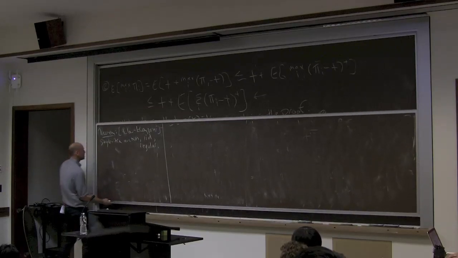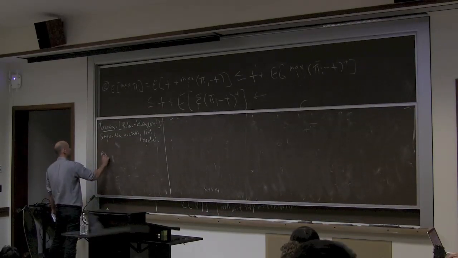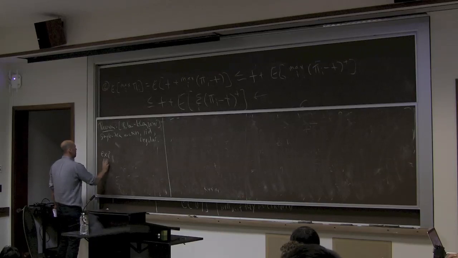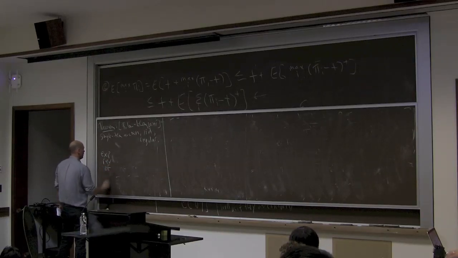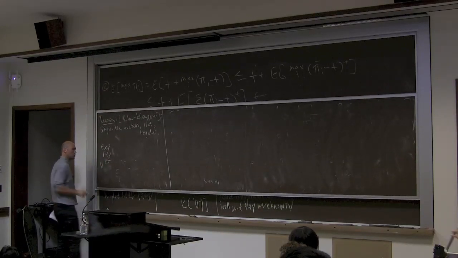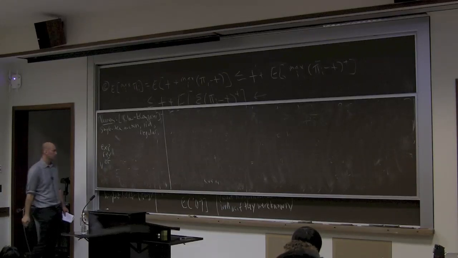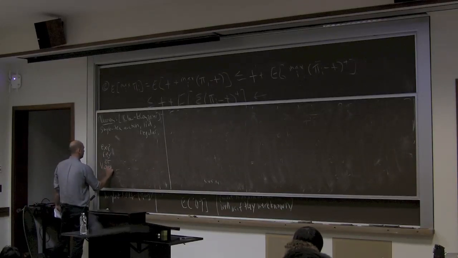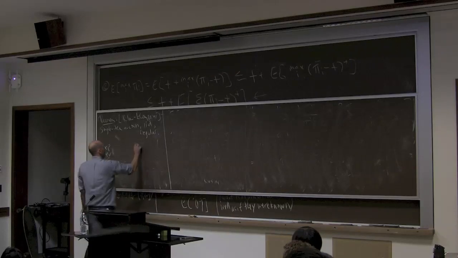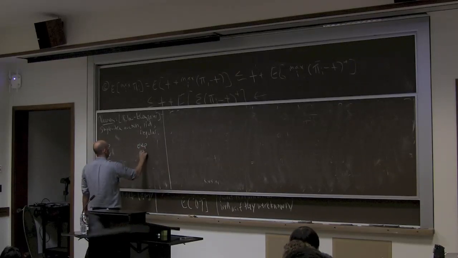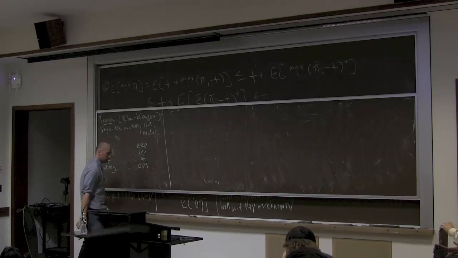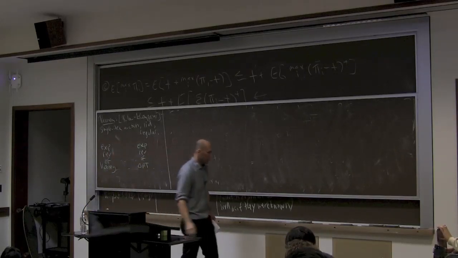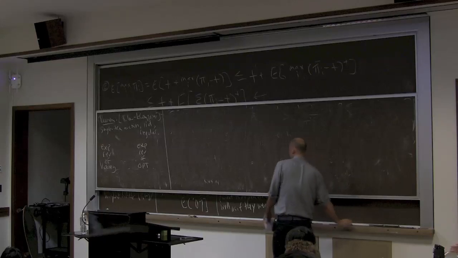So what the Bulow-Klemperer theorem compares is the expected revenue of the Vickrey auction, just the usual second price auction we talked about in lecture 2, to the expected revenue of opt. And this is a simple enough setting that we know what opt is, right?